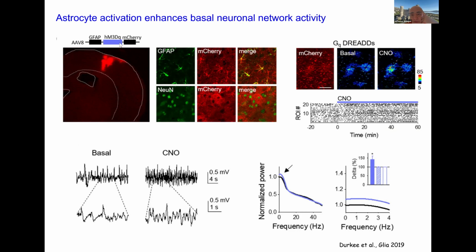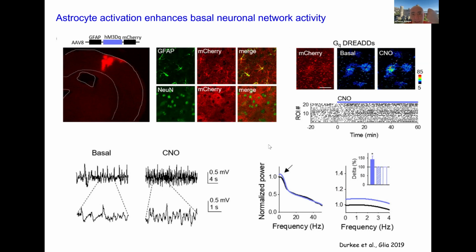And what we observe is that in that case, in the low range, not in the gamma activity, but now in the delta range, in the low frequency activity of the neural network, there is an enhancement of the activity of the neural network by the stimulation of the astrocytes.